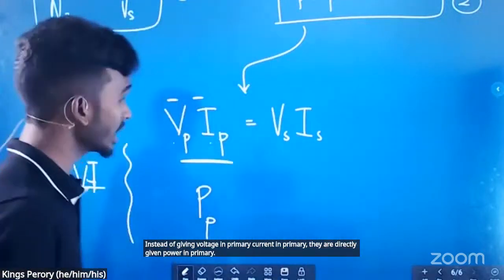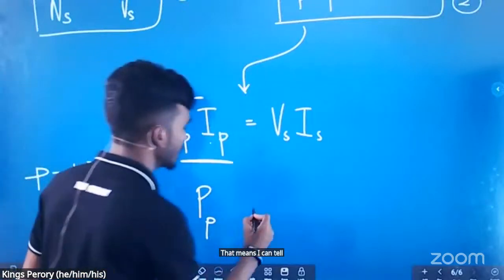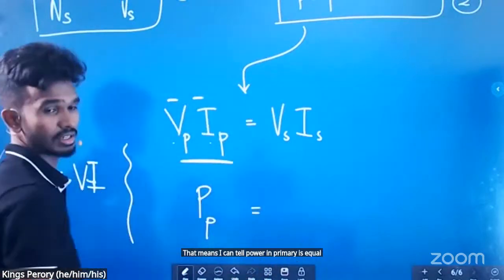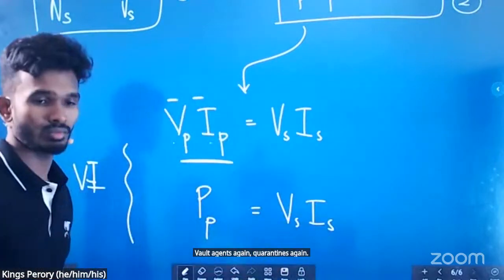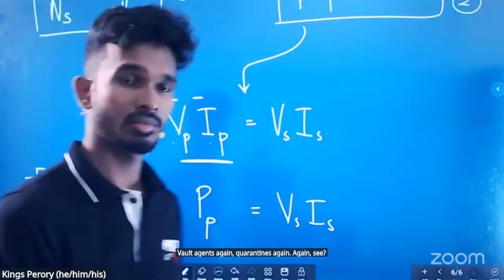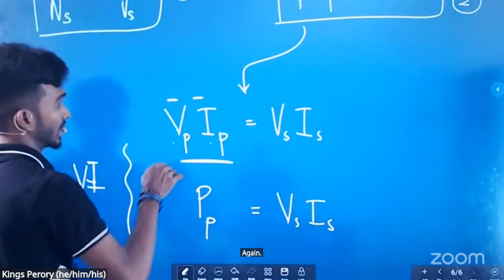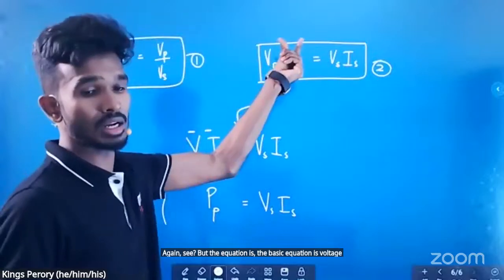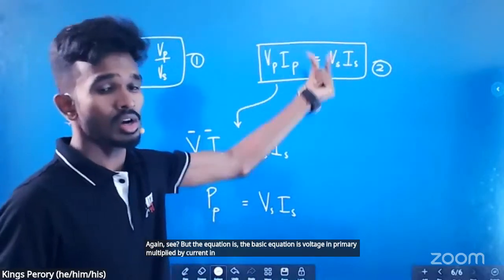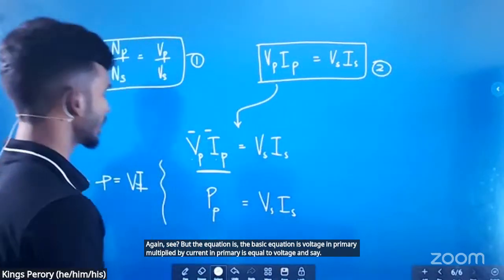That means I can tell power in primary is equal to voltage in secondary, current in secondary. Again see. The basic equation is voltage in primary multiplied by current in primary is equal to voltage in secondary multiplied by current in secondary. That's the basic equation.